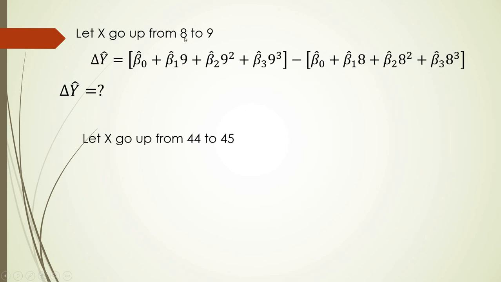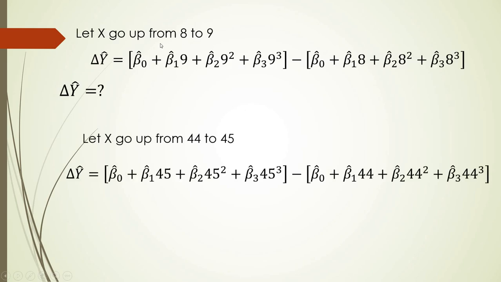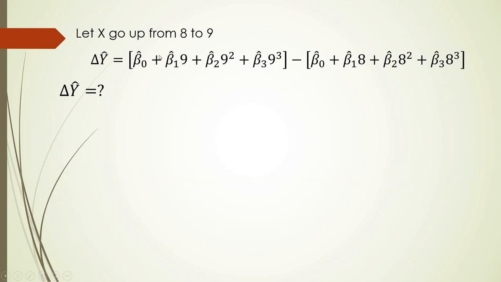So if it goes from 8 to 9,000, let's put it this way. We will first calculate the income for a household with $9,000 per month per family member, and then minus the income with $8,000.